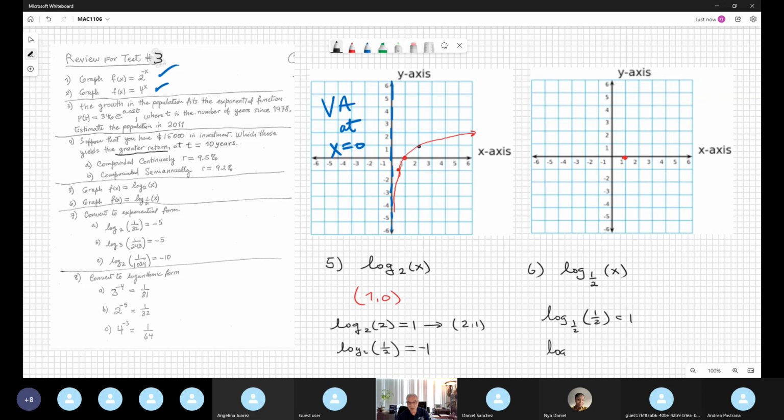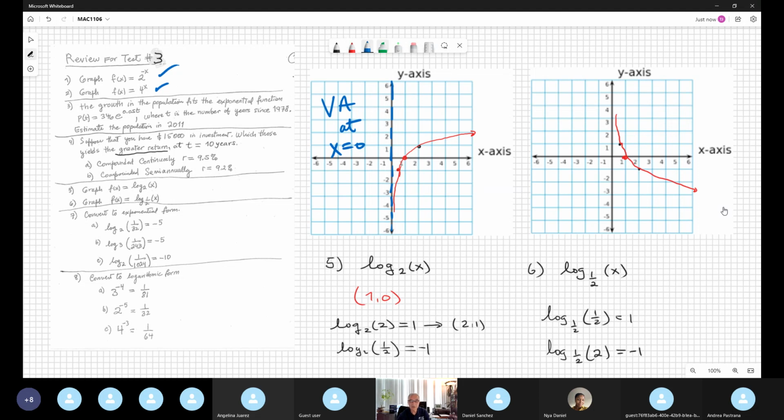However, logarithm base 1/2 of 2, flipped, is negative 1. So (1/2, 1) is here, and (2, -1) is here. So -1 at 2. Therefore, my graph is decreasing.